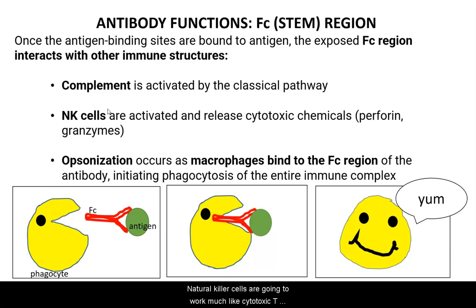Natural killer cells are going to work much like cytotoxic T cells in that they're going to induce apoptosis through perforin and granzymes. And don't forget that stem region can bind to a phagocyte, and in that way induce phagocytosis, and this is called opsonization.